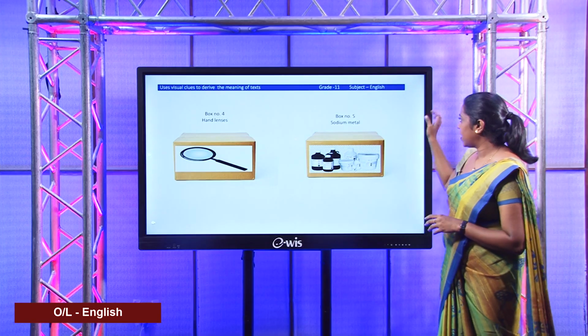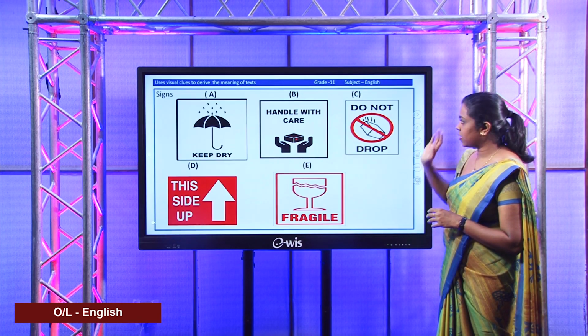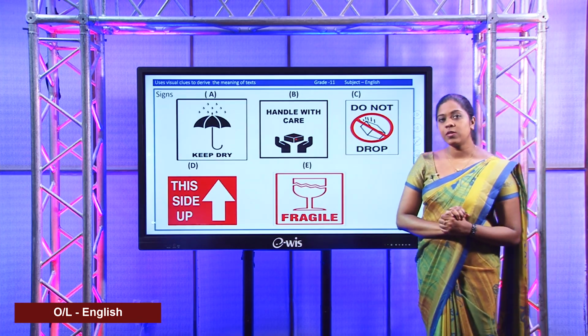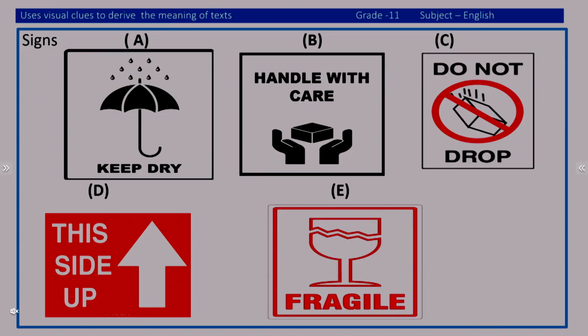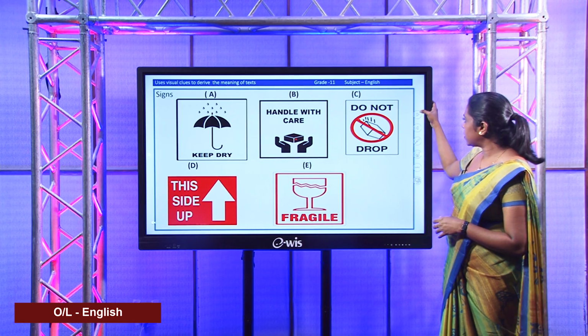Right? I shall take you back to the visual clues. Please observe and see whether you can paste the correct sign on the correct box. Let me show the boxes once again.